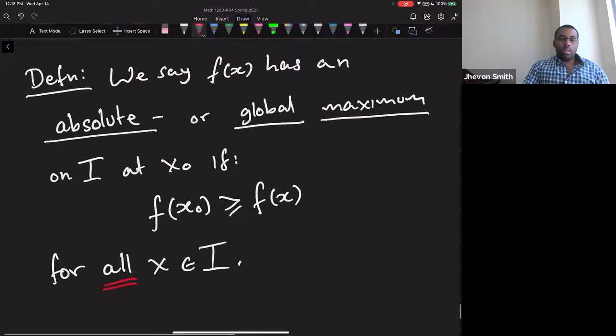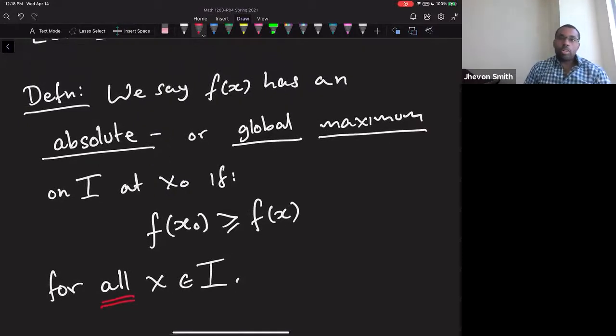So something has an absolute or a global maximum if it's a point where the output is bigger than everyone on the interval that you're looking at.